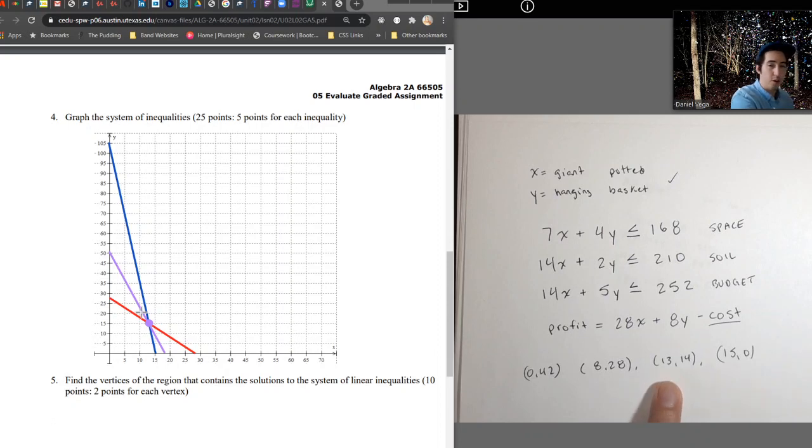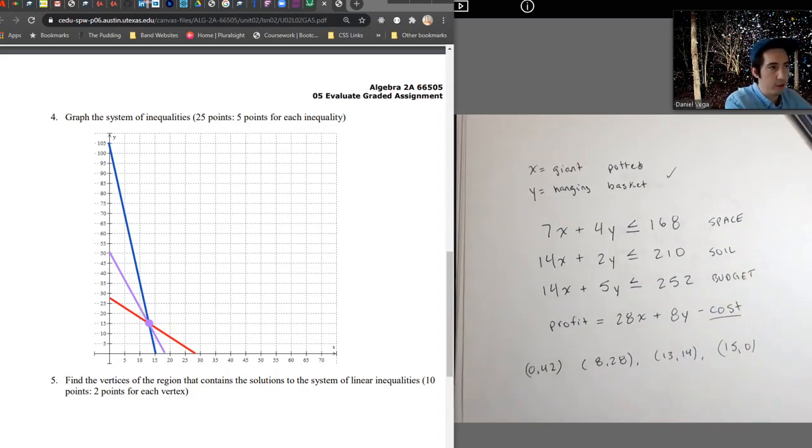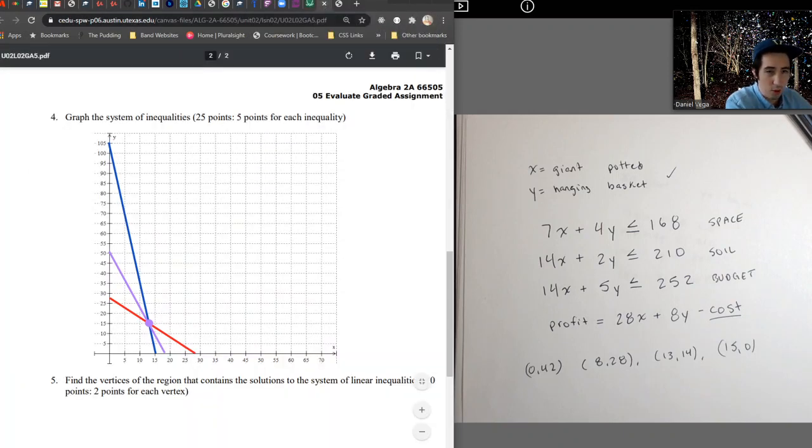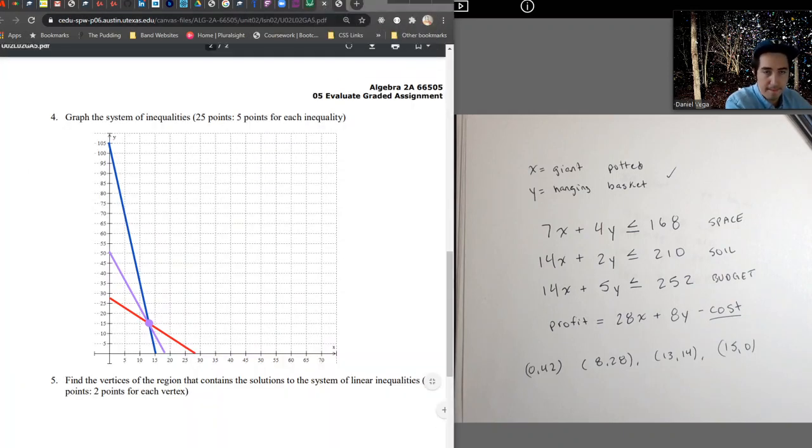All three of those intersect at 13, 14. And that's what we got when we were doing it in Desmos. So in Desmos, they also intersected. So hopefully that helps you graph it.